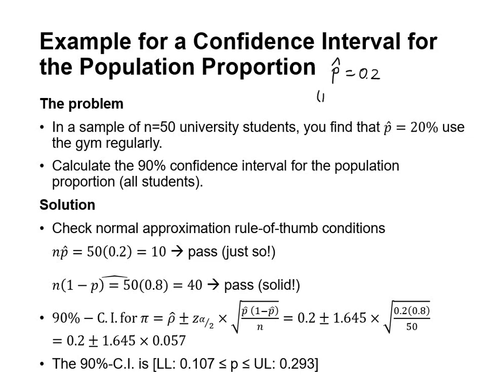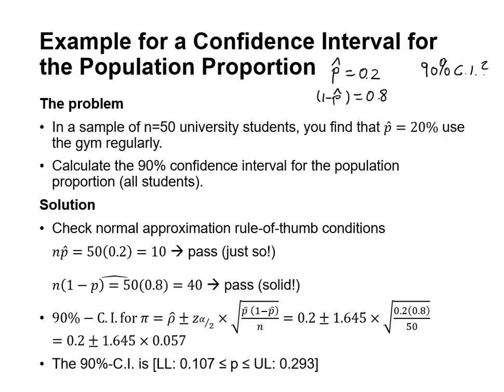The estimated failure probability, and failure means the student does not go to the gym, is 0.8. And we want to know the 90% confidence interval.